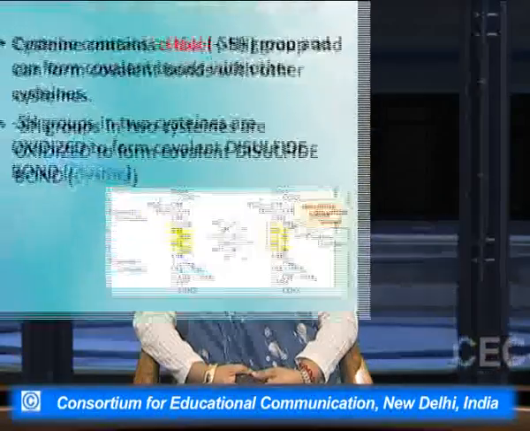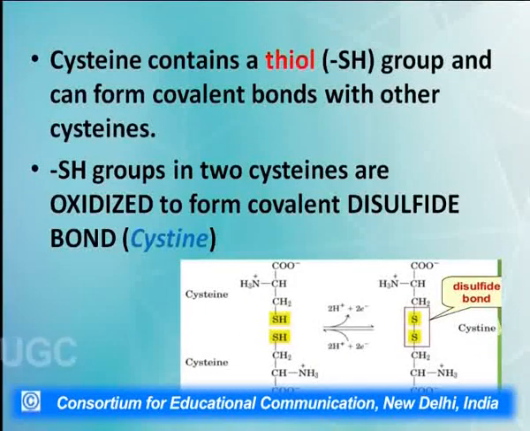Now, if I talk of cysteine, what we know is that cysteine contains a thiol group, which is an SH group, and it can form a covalent bond with other cysteine molecules. So now if we do the reaction between two cysteine molecules, these cysteine molecules undergo oxidation.